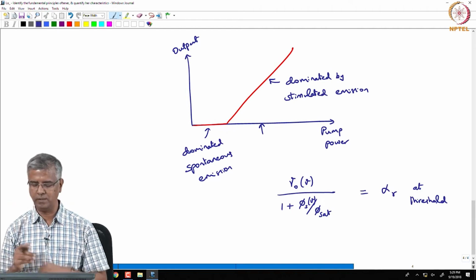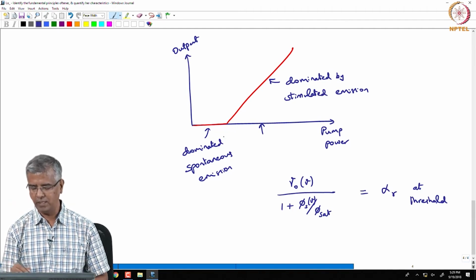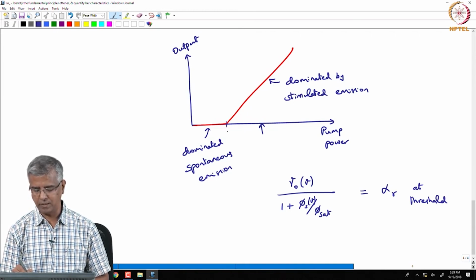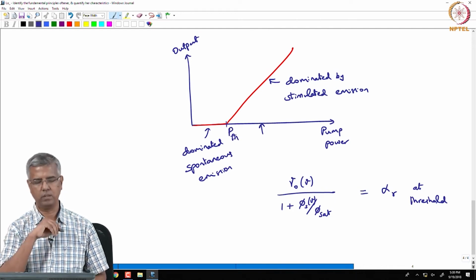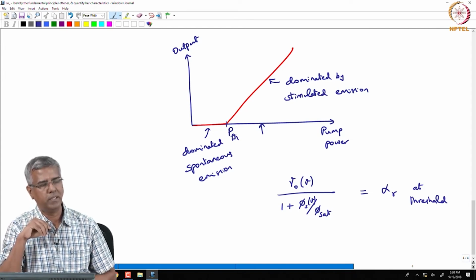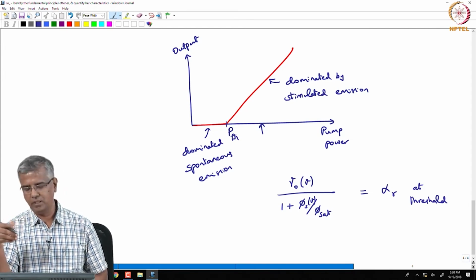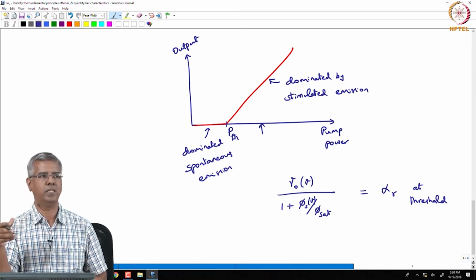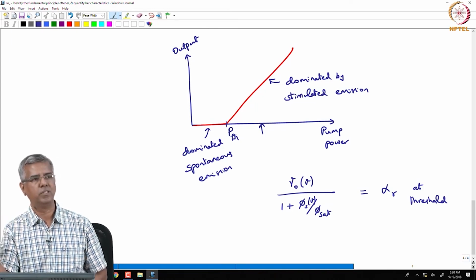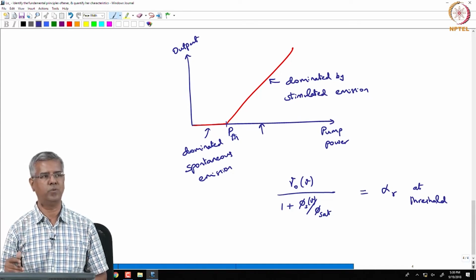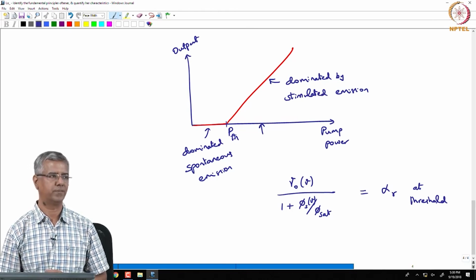So, in this picture over here, what are we saying? As we increase the pump power, we are getting to the point where we have a threshold, right? We have a threshold pump power. Beyond that, whatever pump photons you put are getting converted to signal photons. So for the output of the laser, any increase in the pump power corresponds to an increase in the signal power, right.